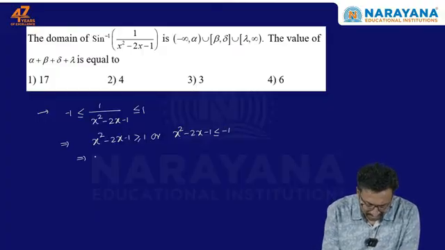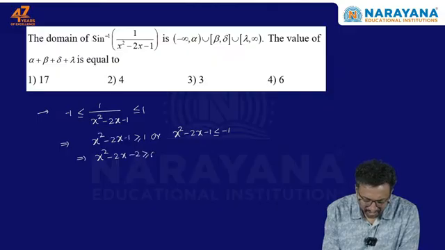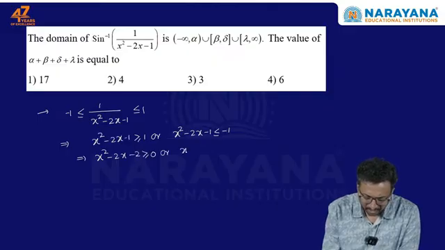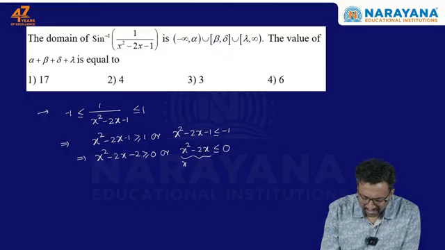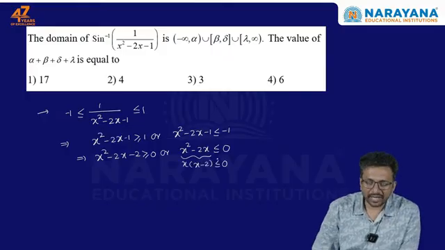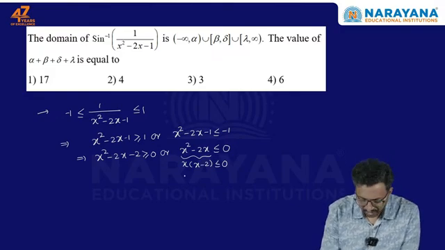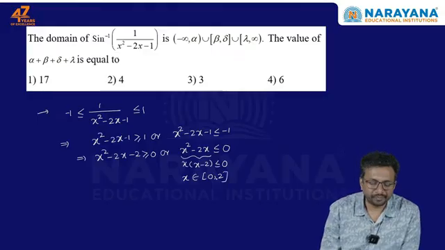So this implies x square minus 2x minus 2 greater than or equal to 0 or x square minus 2x less than or equal to 0. So this is quite easy. x into x minus 2 less than or equal to 0. Quadratic less than 0 means x lies between the roots. So x belongs to [0, 2].